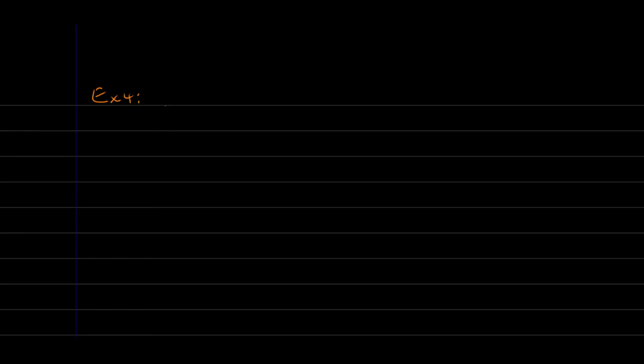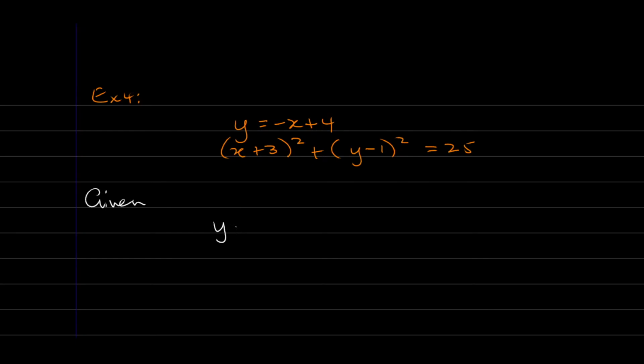Example 4. We have that y is equal to negative x plus 4, and then we have here that (x plus 3) squared plus (y minus 1) squared is equal to 25. I'm going to solve these simultaneously. So given that y is equal to minus x plus 4, that's what I'm going to call 1.